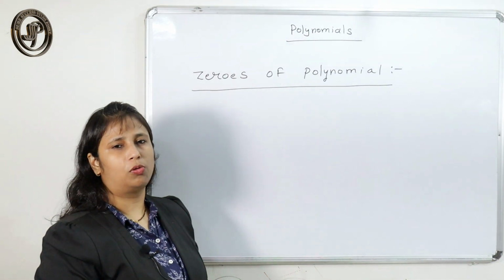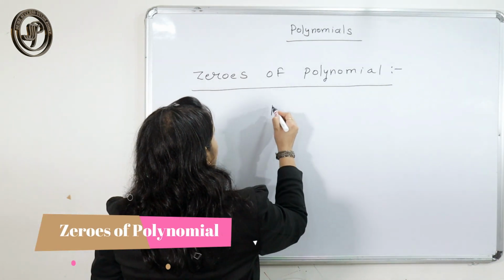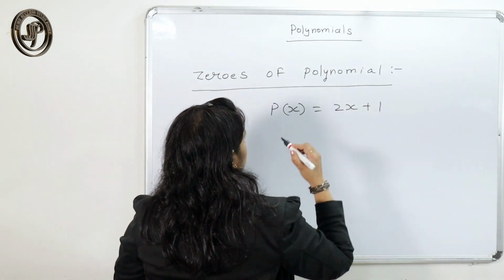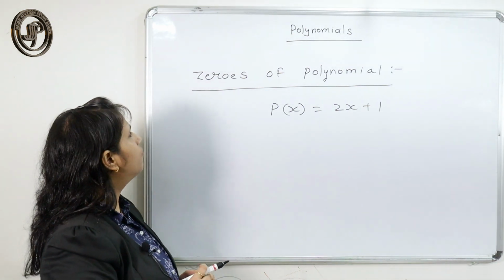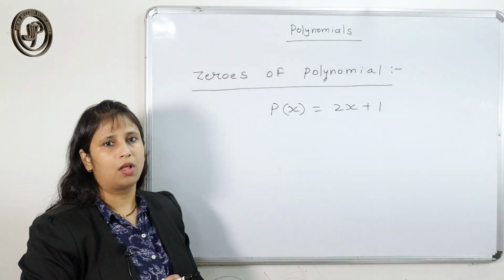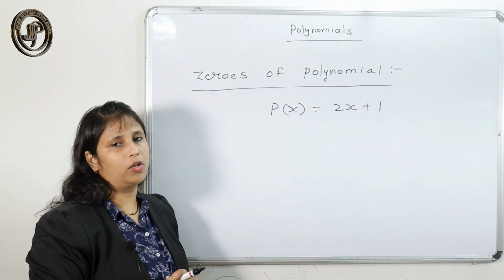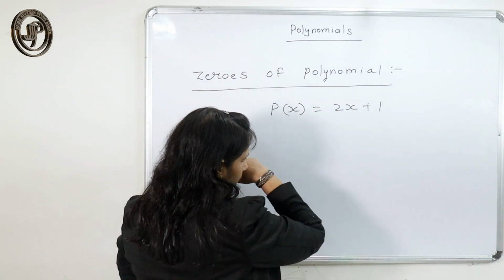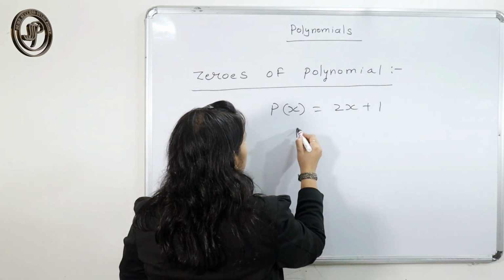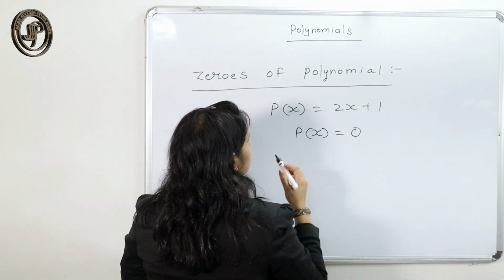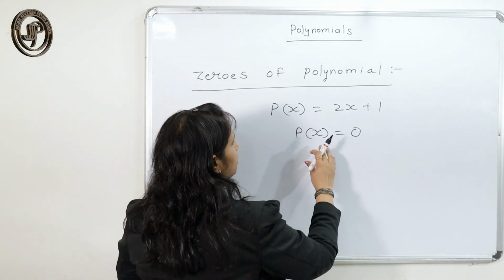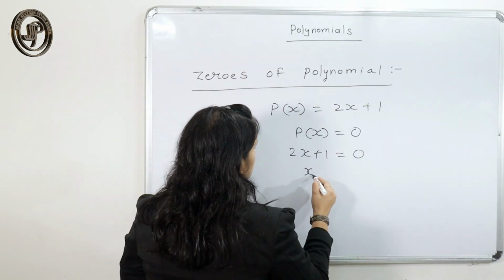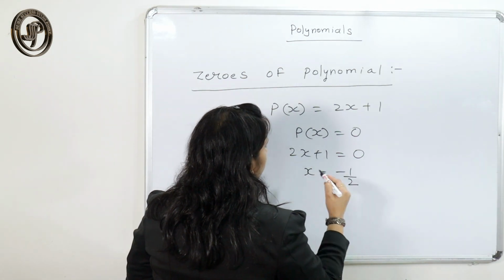Zeros of a polynomial. Suppose I have a polynomial 2x plus 1. How can I find the zero of the polynomial? By equating the polynomial to 0. For example, to find the zeros of this polynomial, I equate it to 0. So my 2x plus 1 becomes equal to 0, or my x will be minus 1 by 2.